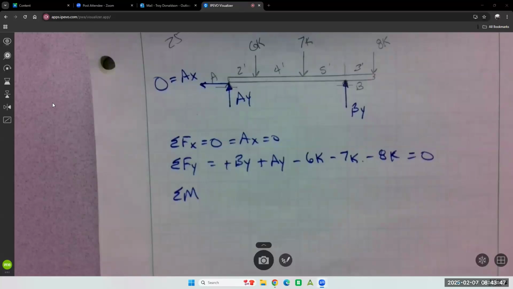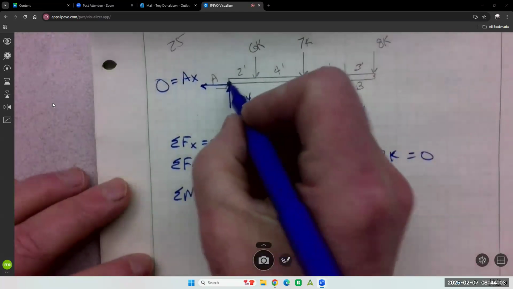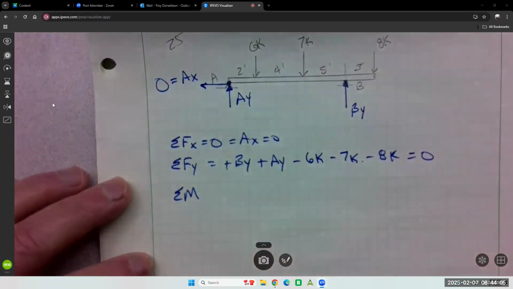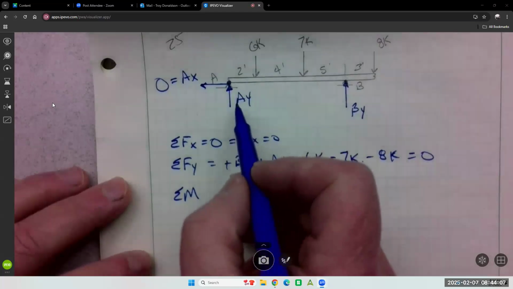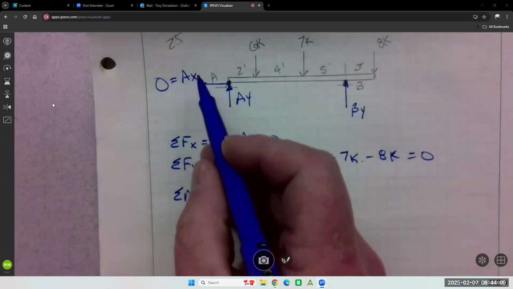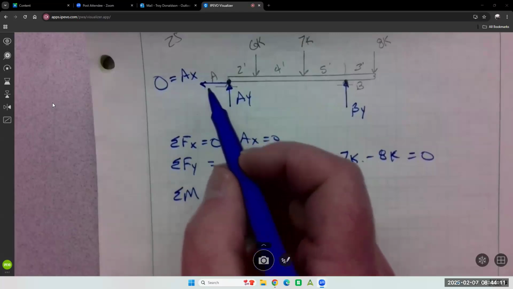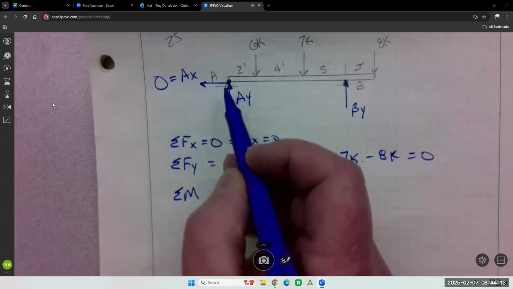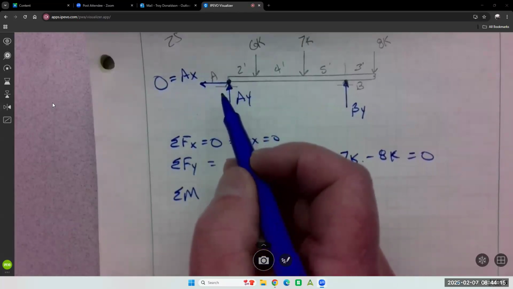Okay. So where do you want to sum the moment? A. A is a great spot because any force going through A, we don't include it because it doesn't create a moment if it goes through the point, right? So if I do it at A, what drops out? AY and AX, but AX was equal to 0 anyway. And any other force that goes through A would drop out of this equation.